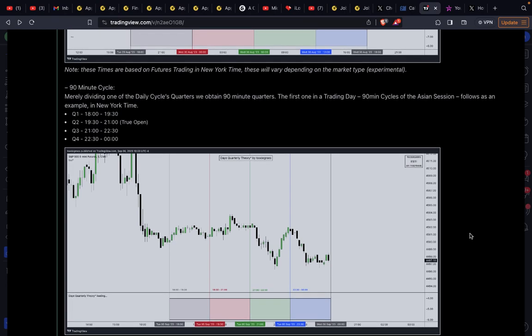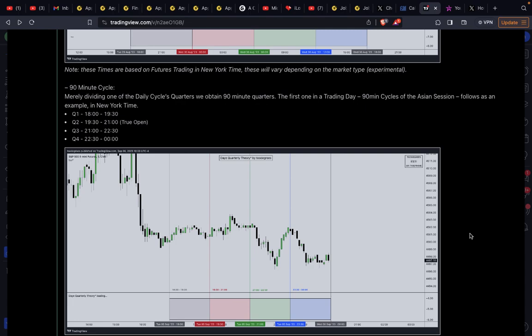Now let's look at the 90-minute cycles. Dividing one of the daily cycle's quarters, we obtain 90-minute quarters. The first one in the trading day, the 90-minute cycles of the Asian session, follows as an example. So we're going to break down the Asian session into quarters so that you have an idea.